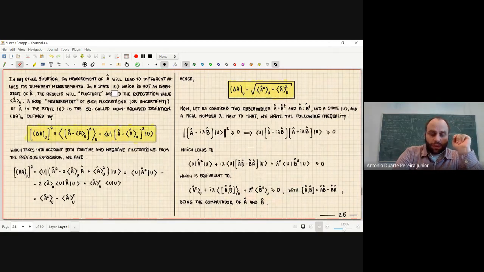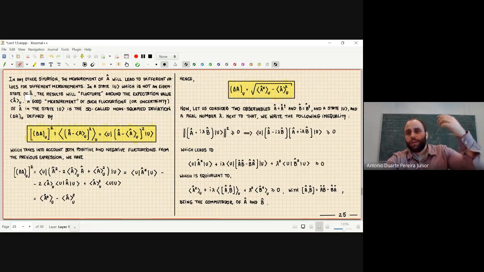And if |u⟩ is not an eigenstate of A, then every time that I measure A hat, I will get a different number, a different possible outcome of my measurement. And as you just learned, these numbers that you're going to get will be the eigenvalues of the operator A. Okay?